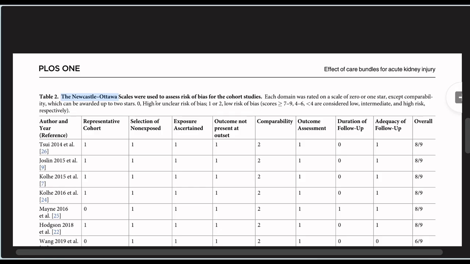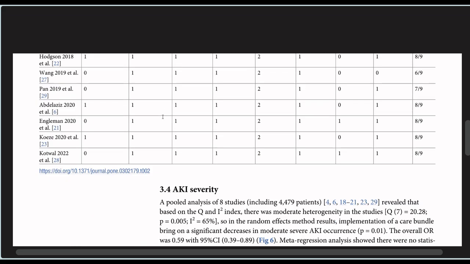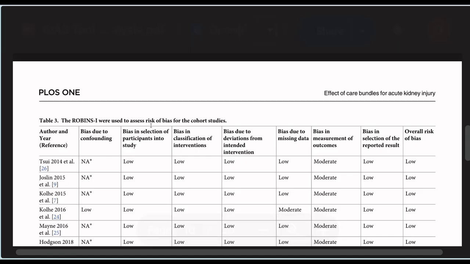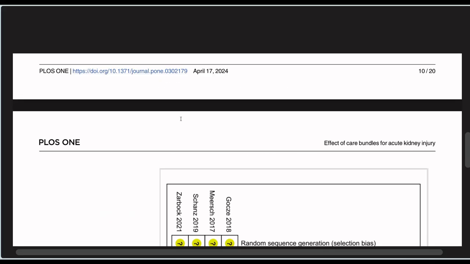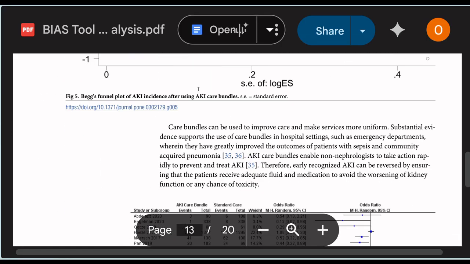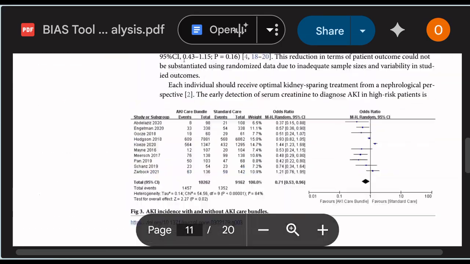Okay, risk of bias is also another way of ascertaining quality in the study. Let's go down and see another one. This is another one for bias purpose, for mitigating bias. Okay, it is another way of ascertaining quality. This is another one, and let's go down and see. Okay, those are the two.